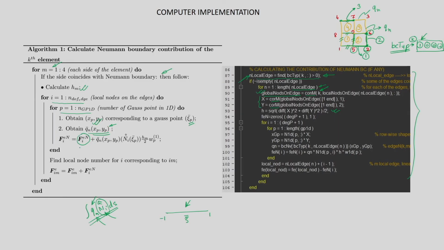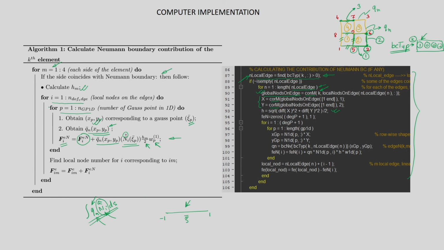In a similar way we calculate the force entries. First we calculate the heat flux at the Gauss point, then the one dimensional shape function at the Gauss point, the Jacobian, in this case hm by 2, and the weight corresponding to the one dimensional case. This part has already been explained earlier, how we calculate it numerically.